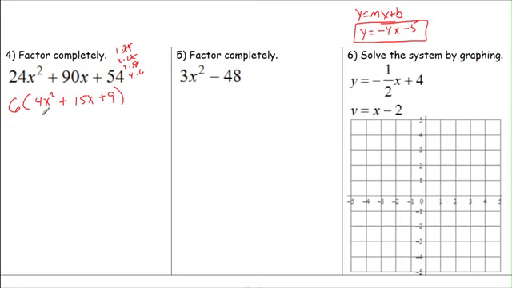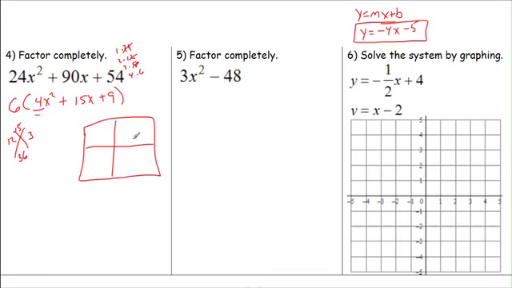Now I'm going to factor that. First times last is 36. And I need it to add to 15. Well, that's 12 times 3, and since there's a leading coefficient, I need to do the box, unless you know another method. Some of you do, which is awesome. So I got 4x squared, 9, and now I got 12x and 3x.